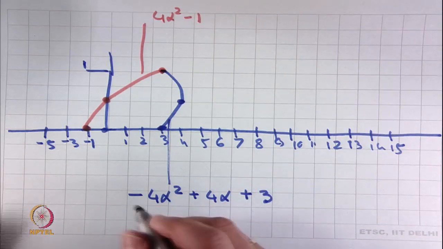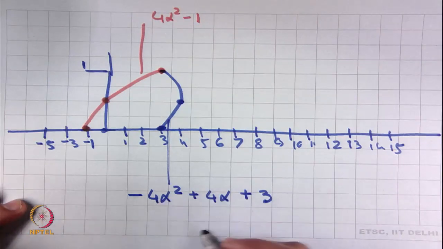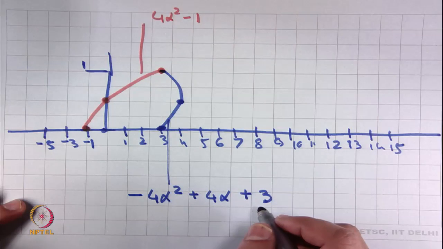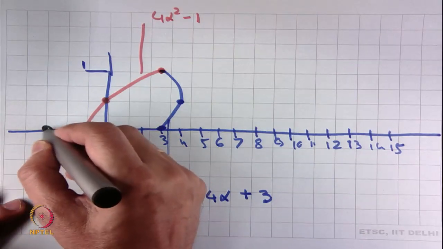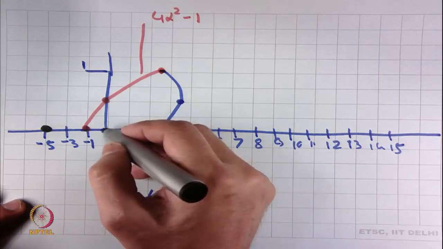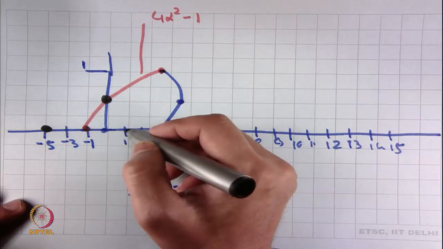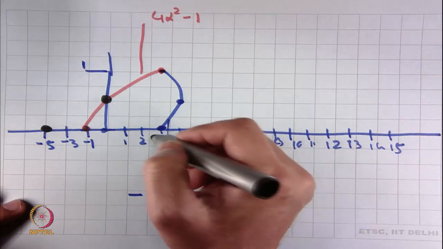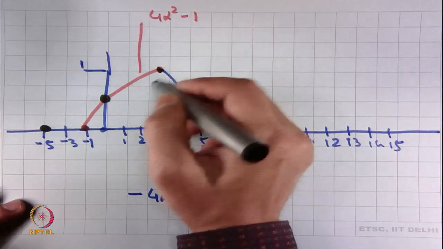Let us now draw minus 4 alpha square plus 12 alpha minus 5. At alpha is equal to 0, it is minus 5. At alpha is equal to half, it is 0, and at alpha is equal to 1, it is 3.